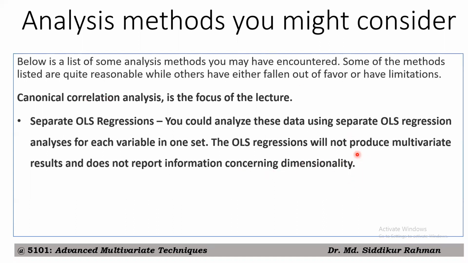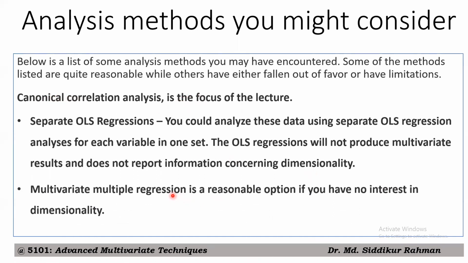If you want to reduce the variables or see the dimension of the canonical variables, then I think OLS regression will not be very useful. Rather, you can use canonical correlation here. Multivariate multiple regression is also a reasonable option if you have no interest in dimensionality.